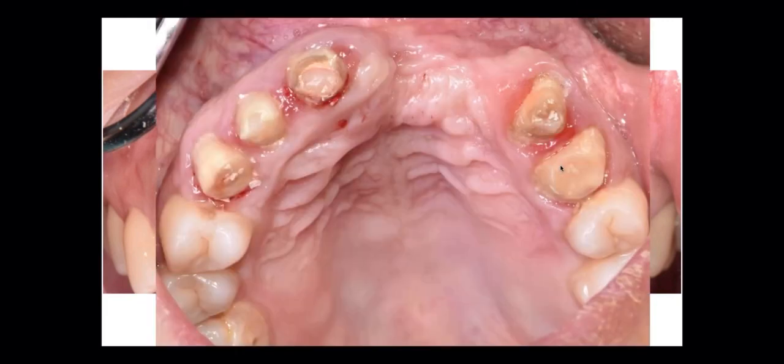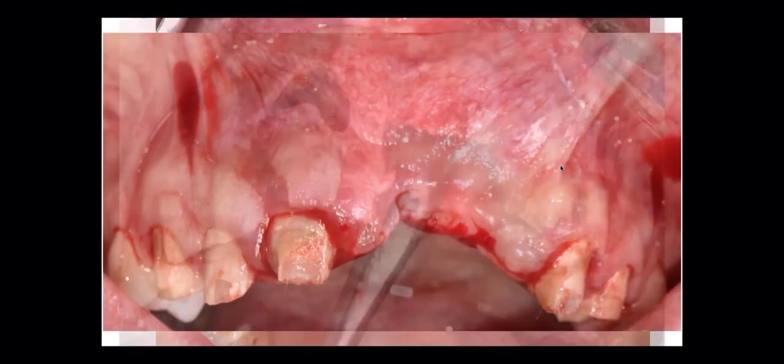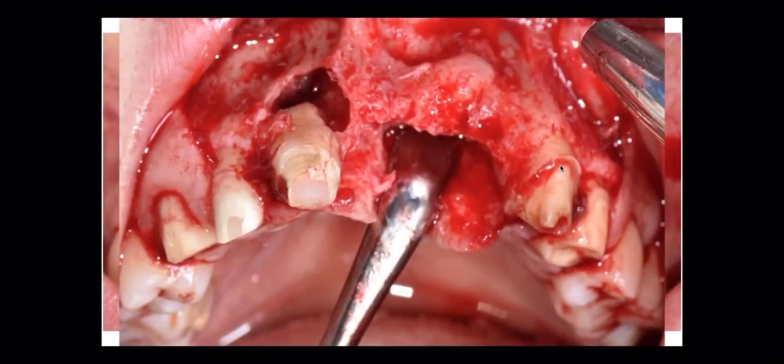So we left number 11, we opened the flap again. And when our flap was open, we had a bad surprise, because the infection that was showing on the X-ray on number 11, that it was apical, was also mesial, and it was reaching the area where our bone particles would be, because our regeneration would be in this area.